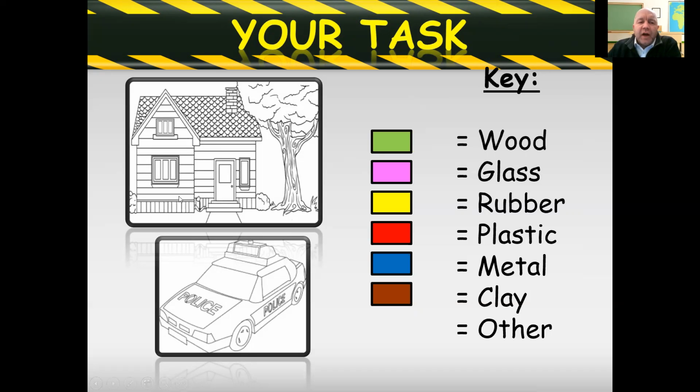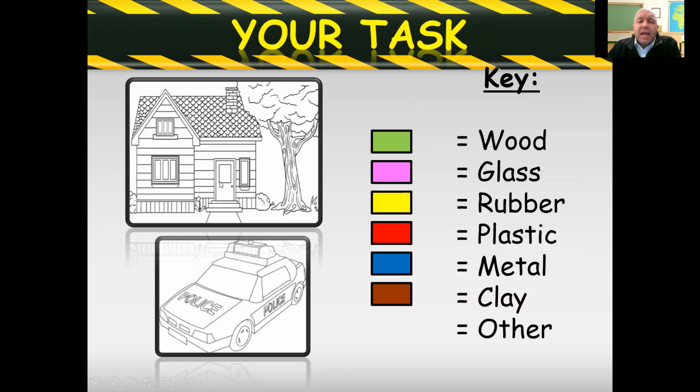So if I am drawing the house and I look at the door, I think there are going to be 2 materials here. I would say that the main part of the door is probably going to be made of wood. So I'm going to colour the door green.